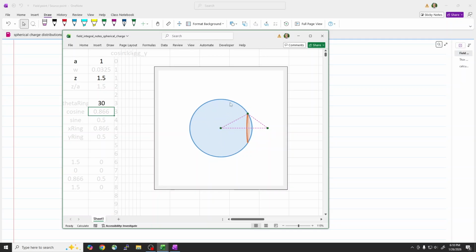So we have a hollow spherical shell with a constant surface density sigma, and our job is to have an observation point either outside or inside, and show that when outside, it's as if all this charge is at the center, so we end up with kq over r squared. But when the observation point is inside, we should get the electric field 0.